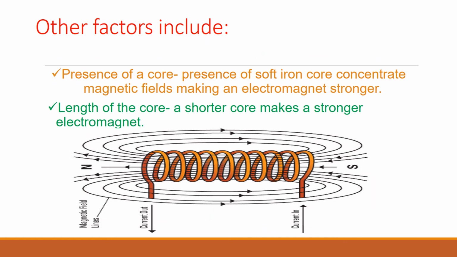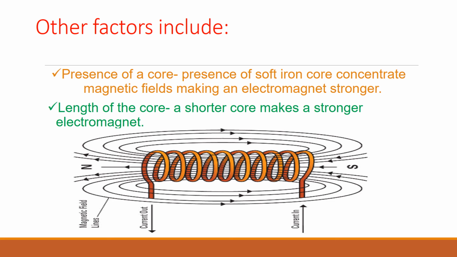Okay, other factors affecting the strength of electromagnets include: one, presence of a core. Without a core, the electromagnet will not be very strong. With the presence of a core, the electromagnet becomes very strong. Why? The core concentrates magnetic fields inside the solenoid, making the field stronger.